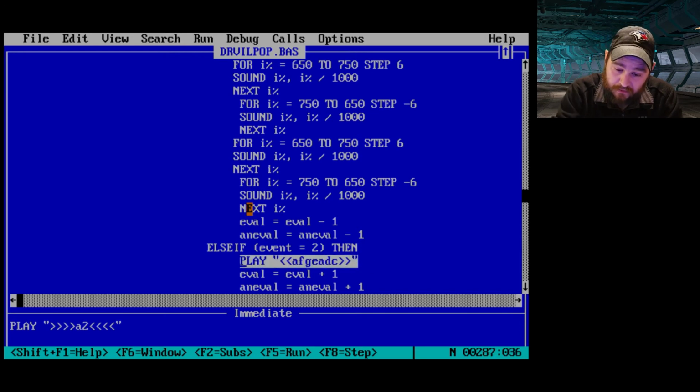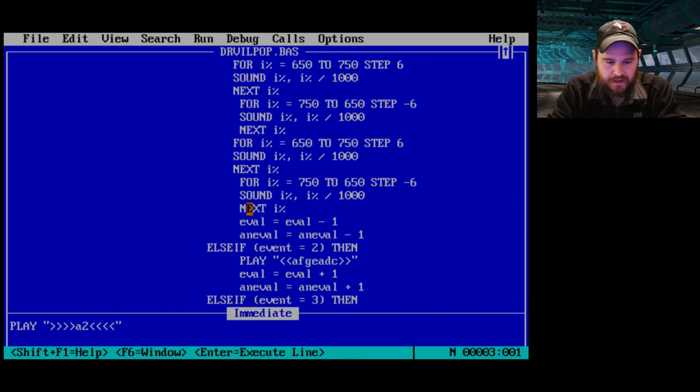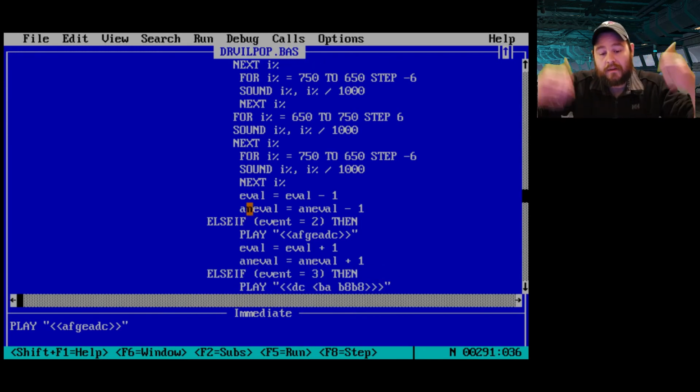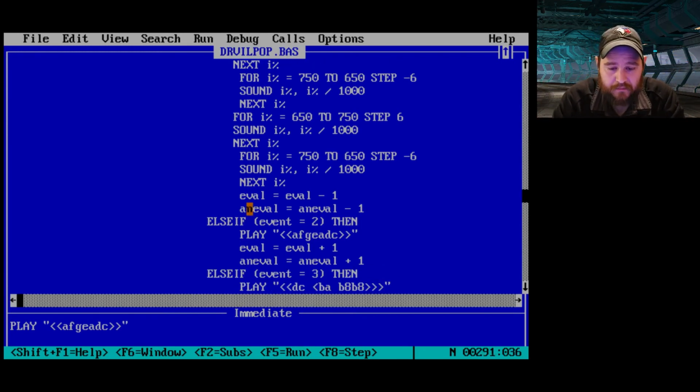If it was 2, then he's got a more traditional sound. That's awesome. So that brings it up. This just undoes the siren.